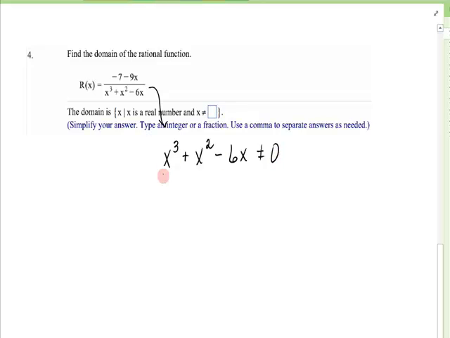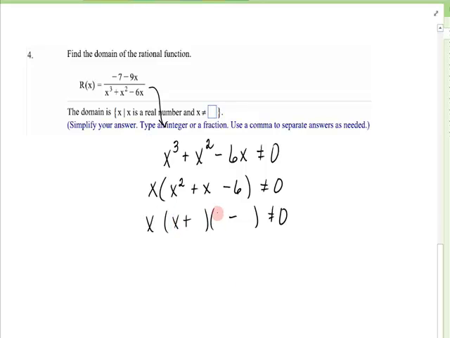If I factor x out of that, because I have a GCF, that would leave me with x squared plus x minus 6. It still can't equal 0. Keep the x. Let's factor this by trial and error. And the last sign is negative, so you have 1 plus and 1 minus.